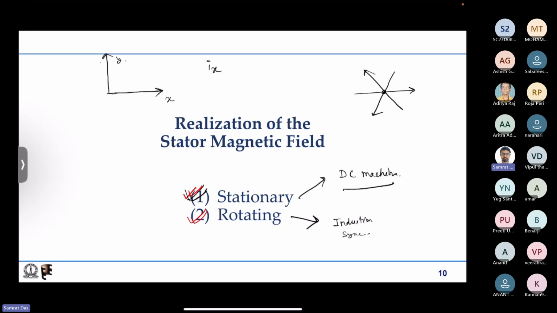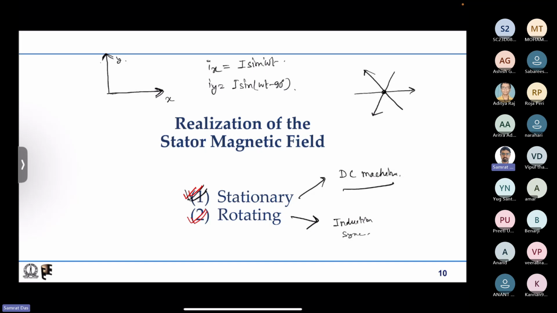Suppose you have the x phase axis along the horizontal and the y phase axis along the vertical direction, and you inject current ix equal to I sine omega t and iy equal to I sine of omega t minus 90 degrees. You do the math, and you will find the same rotating magnetic field.